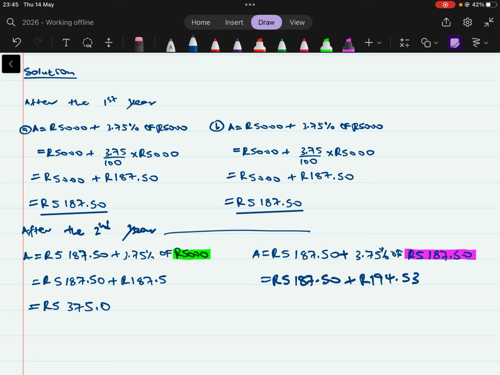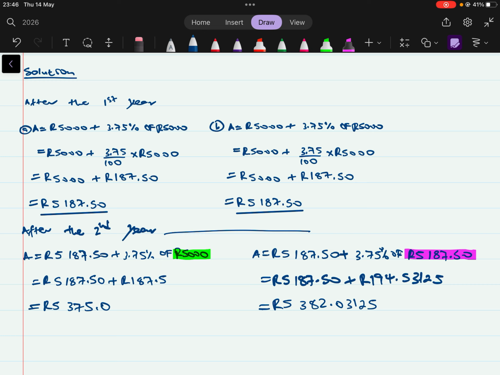But because this is not the final answer, I'm going to write it as 194.53125. Everything that comes from the calculator, basically just break down. And yeah. Okay, and I'm just gonna add these two values, 5,187.5, and I get 5,382.03125. I hope everyone now understands how I got here.